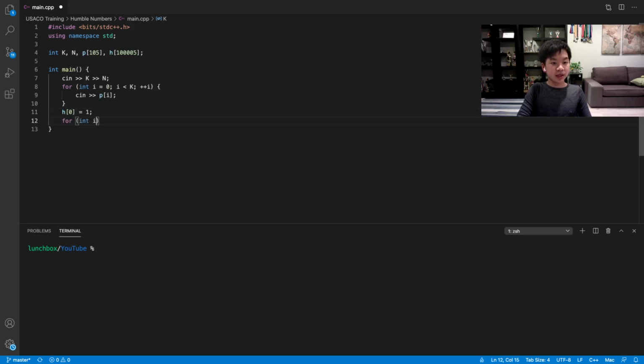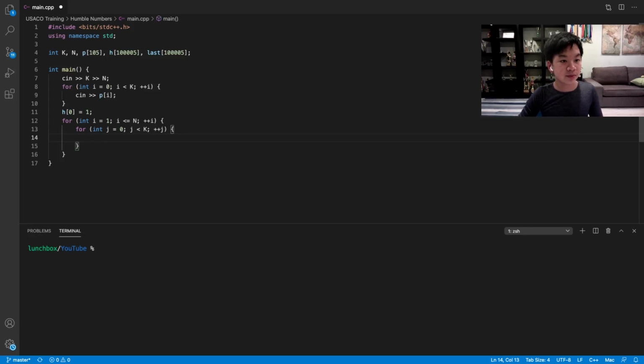So then we're going to calculate all the n humble numbers. Remember I said that we also have to keep track of last, which is the index of the last prime that we may want to use. So again, as I said before, we're going to loop through each prime. And then we're going to increment last of j while the product of these numbers is less than h of i minus 1.